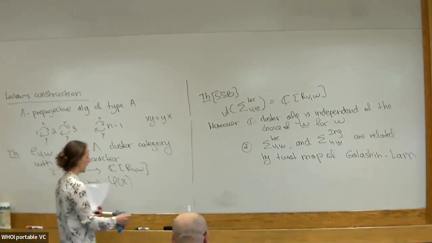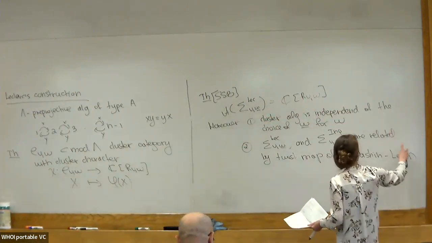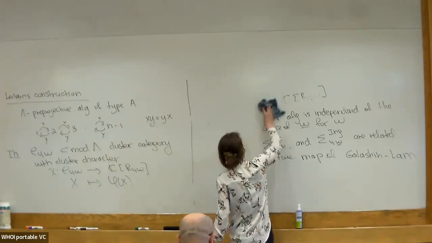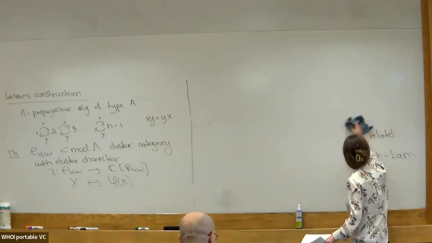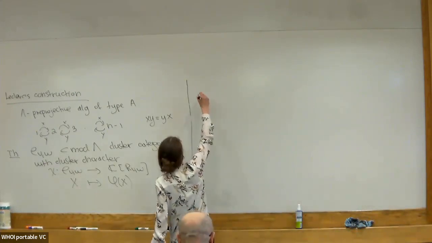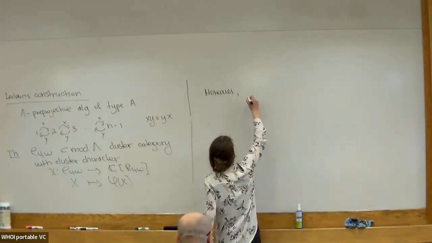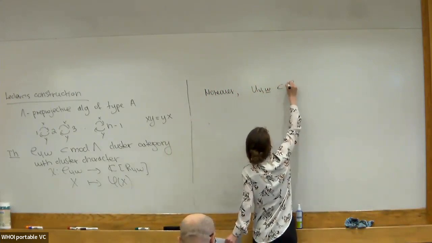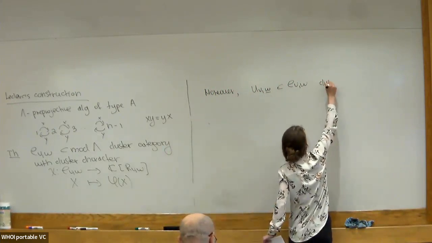Now, how do we get this initial seed? Okay, so this is a continuation of the theorem. Moreover, there is this object, T_{v,w}, inside the cluster category, which is a cluster tilting object.